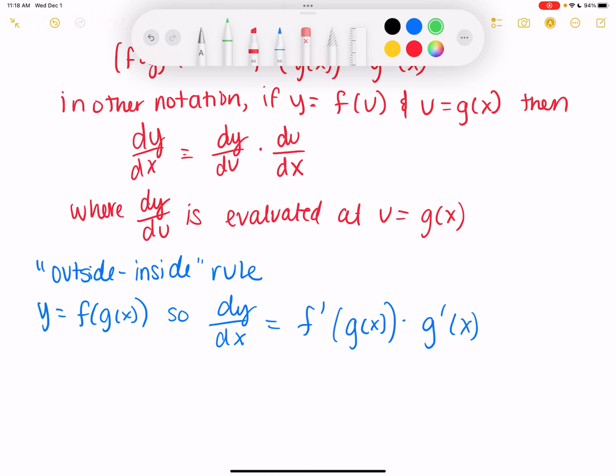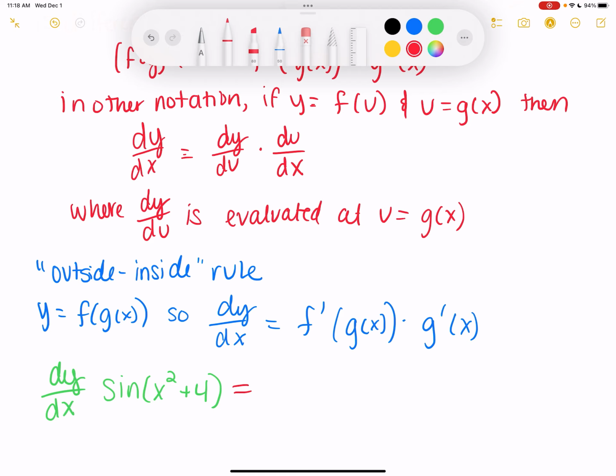So if I wanted to find dy dx of the sine of x squared plus 4, I would take the derivative of the outside piece, which is sine of everything in parentheses.